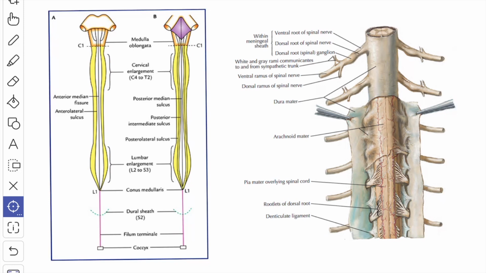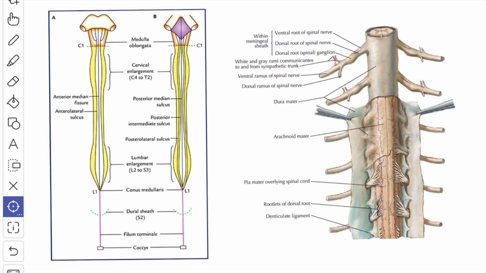So in this picture, you can see this is the outer layer, that is the dura mater. After reflecting the dura mater, what you are seeing is the arachnoid mater, and deep to the arachnoid mater, you get the pia mater. So the level of termination of the dural sheath, the dura mater and the arachnoid mater, is at the level of the lower border of the second sacral vertebra.